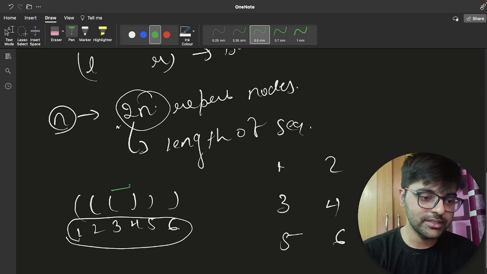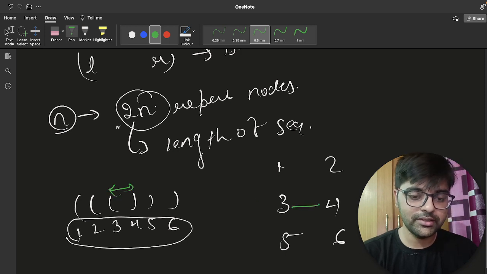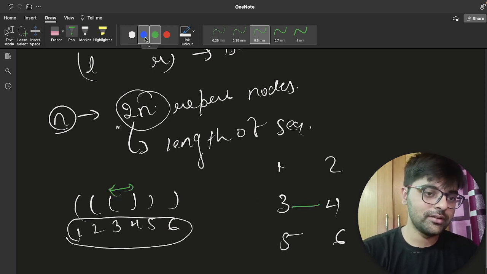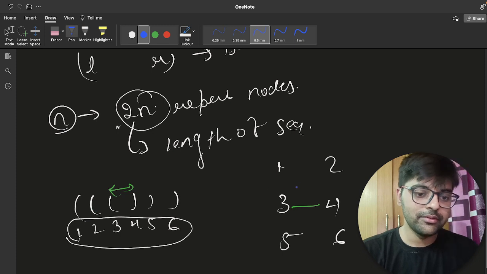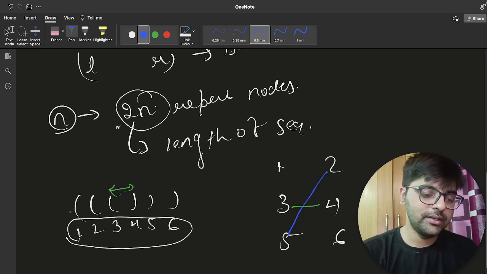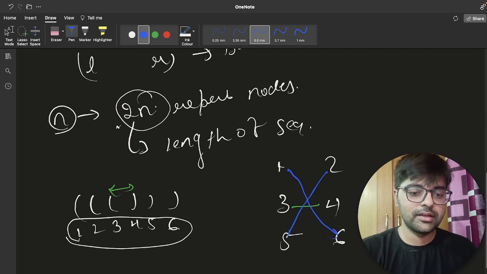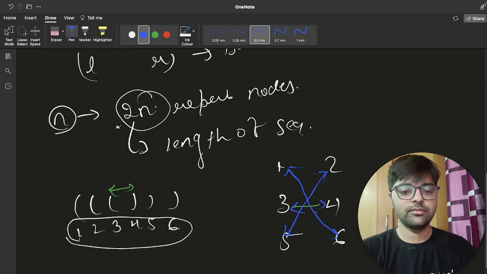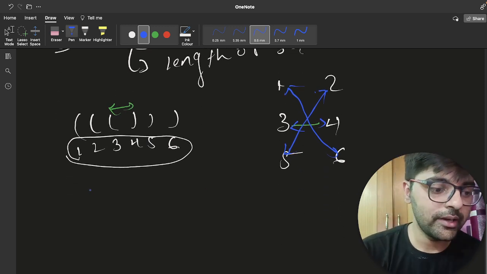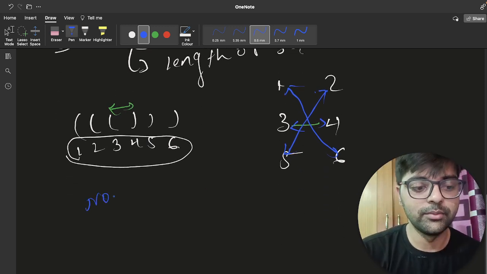So here in this case 3 4 is balanced, so there is an edge between 3 and 4, then 2 and 5, and then 1 and 6, right? So this is given. Now you will have to tell the total number of connected components.